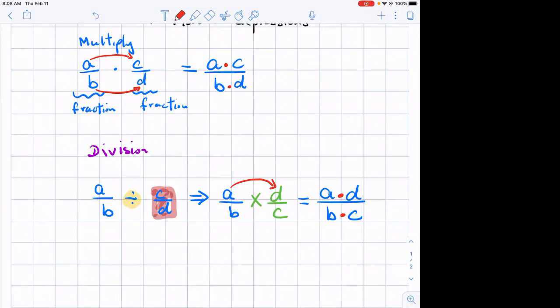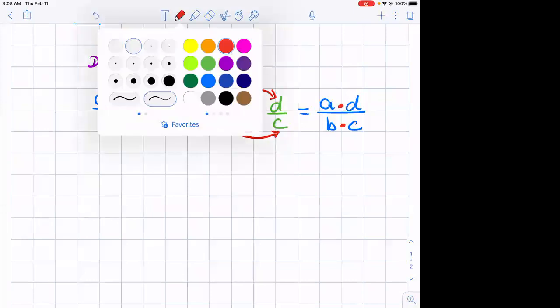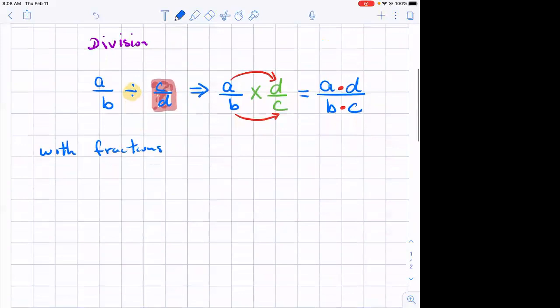Also, we had multiplication here, right? Now you have seen this in fractions. So with fractions, if you have, let's say, 6 over 7 times 14 over 18, there are two ways you can do this.